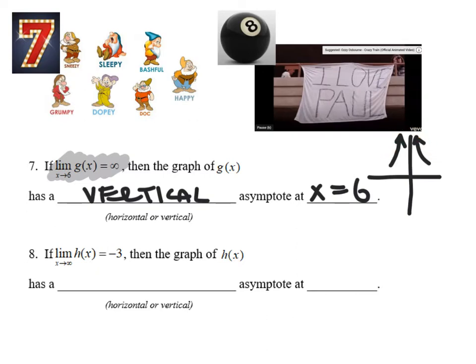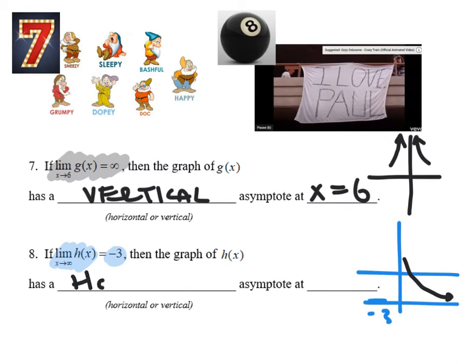The other one has a similar situation. It says, as x approaches infinity, we're heading out to -3. This becomes a horizontal asymptote. As we head out into infinity, way out to the far right, our graph approaches that -3 value.